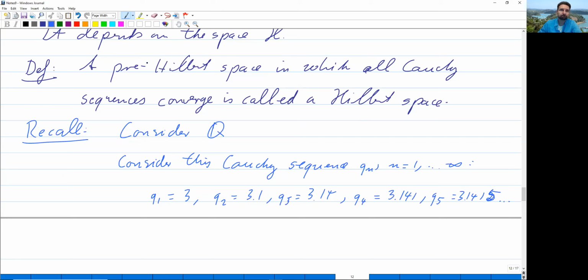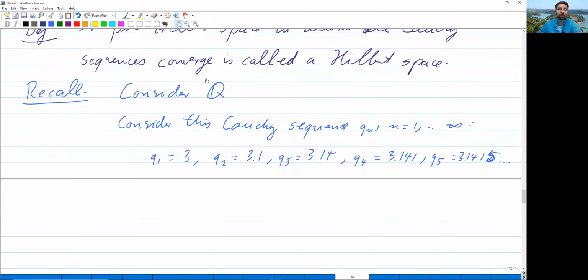And then you see what's going on. This sequence of numbers is a Cauchy sequence. It's straightforward to prove that. It's of course the digits of pi, right? It's the successive approximations to pi.